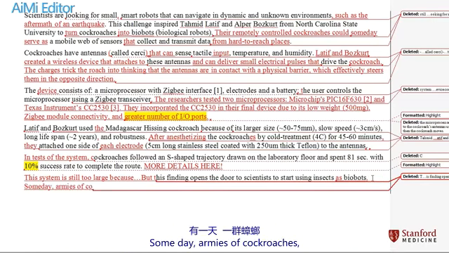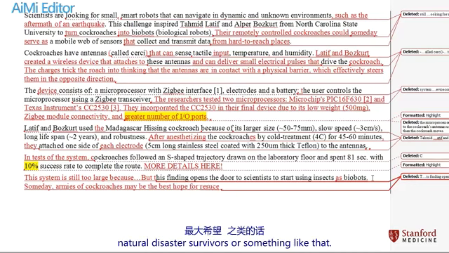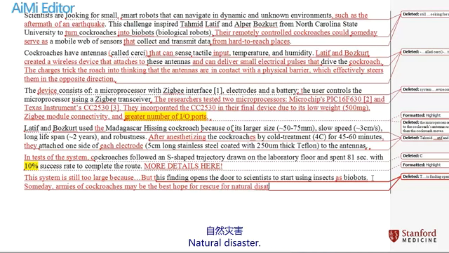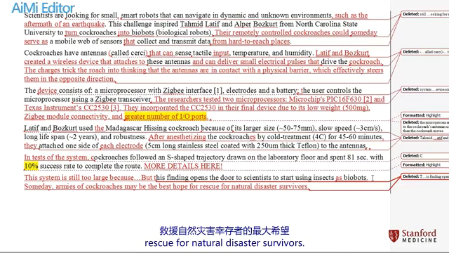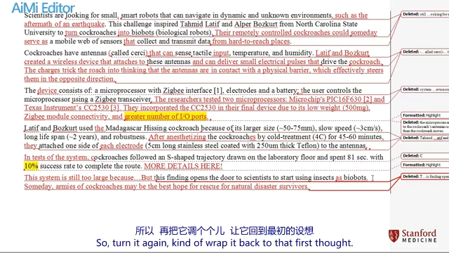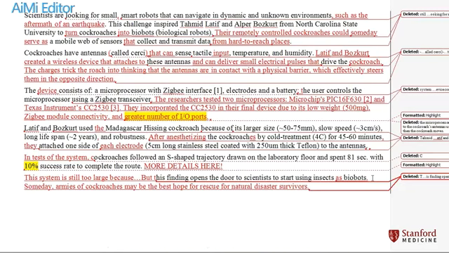Someday armies of cockroaches may be the best hope for rescue for natural disaster survivors, or something like that. So maybe something like that, kind of get some hook back. Someday armies of cockroaches may be the best hope for rescue for natural disaster survivors. So again, kind of wrap it back to that first thought. Just gives it a nice ending to tie it back to the beginning.